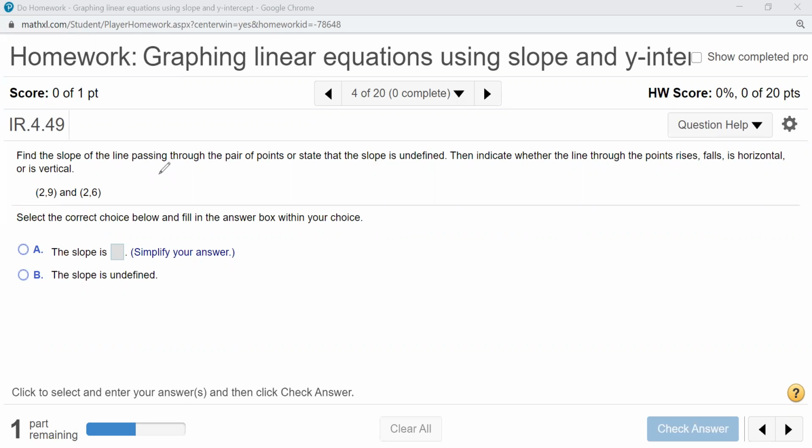So remember, slope is found by doing y2 minus y1 over x2 minus x1.